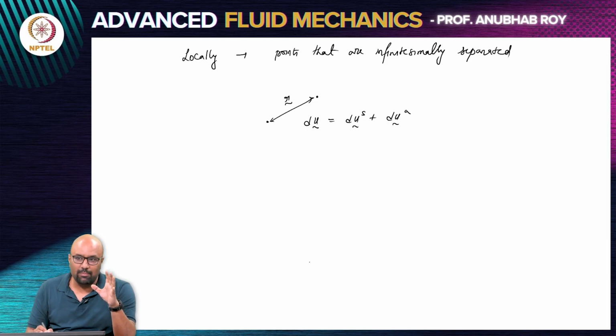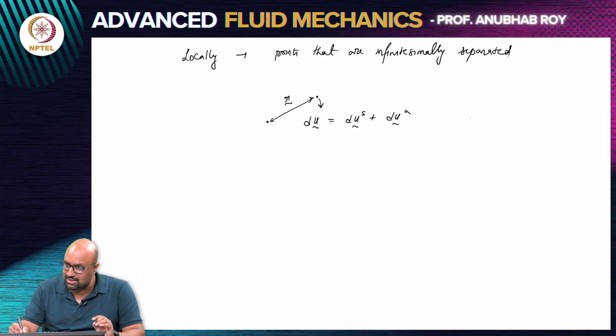We understood a little bit of what the symmetric part was doing. It was responsible for these 2 points being stretched or compressed, and the direction of stretching and compression depends on the local rate of strain tensor. What the antisymmetric part does is make one point rotate with respect to the other point.